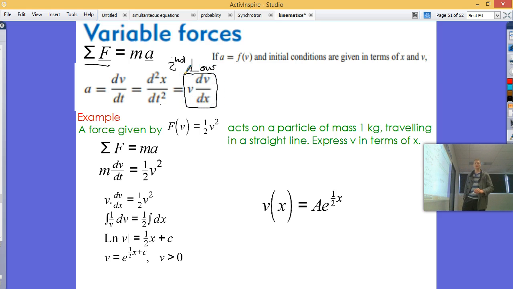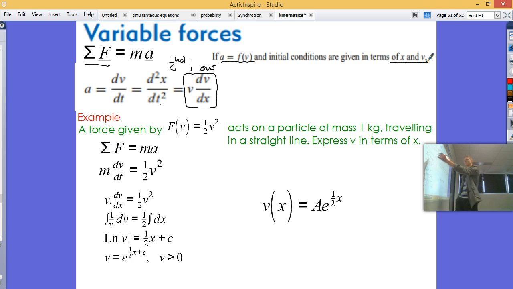What's important to consider is when we're using this version, we need our function of force. The acceleration needs to be some function of a parameter like velocity. Okay? And initial conditions need to be given in terms of displacement and velocity as well.